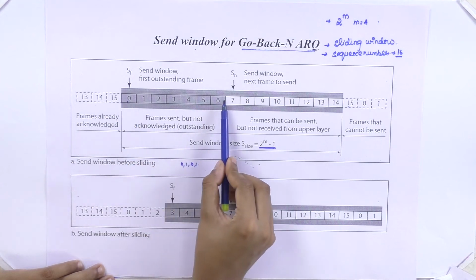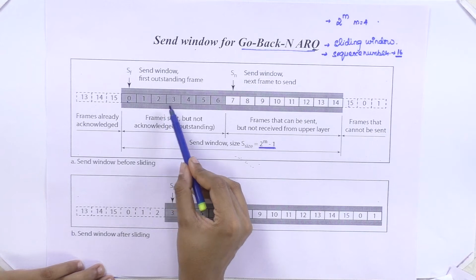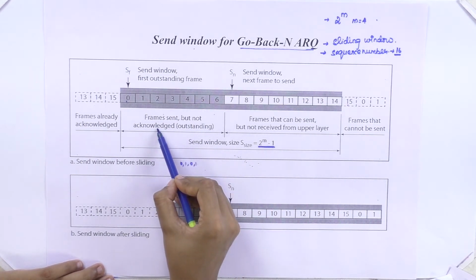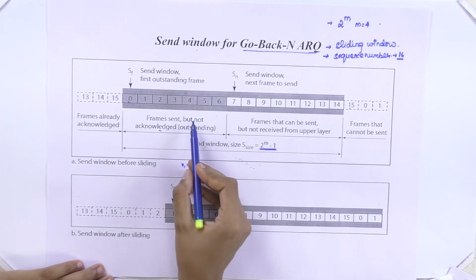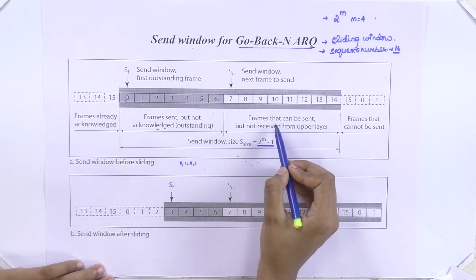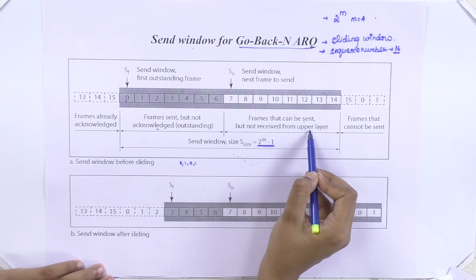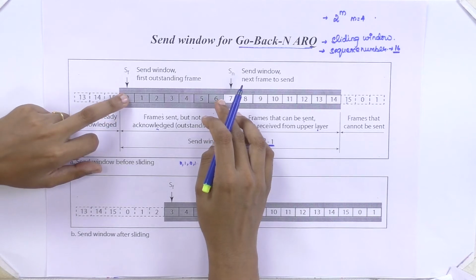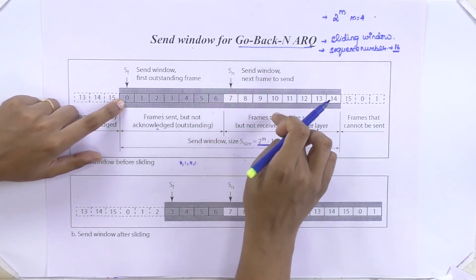The darkened portion tells you that the frames are sent to the receiver, but are still to get the status of their acknowledgement. Next, these frames can be sent, but have not been received from the upper layer, which means the data covers only 0 to 6 positions and my remaining data is yet to come from my network layer.